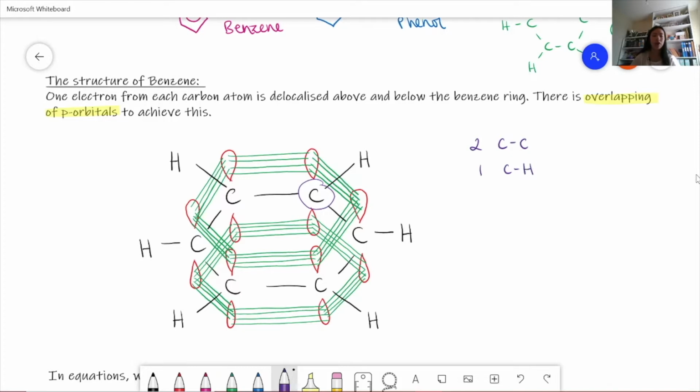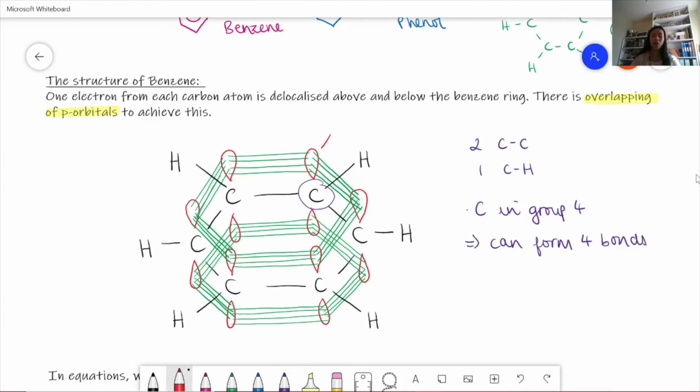And we all know that carbon is in group 4, and that means that it can form 4 bonds. Because it only forms 3, we get 1 electron which is going to be delocalized.